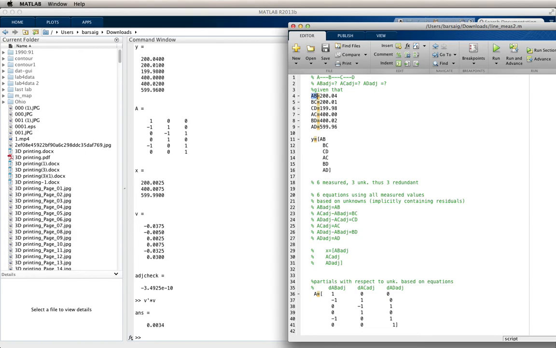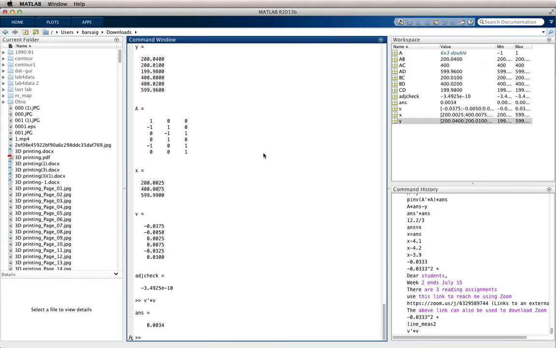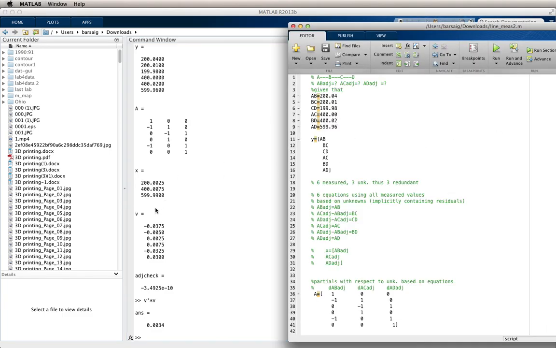So this is the measured AB, this is the adjusted AB, so there's a small difference between the two. Measured AC is 400, and measured AD is 599.99. This is the adjusted AD, and that's the measured AD.